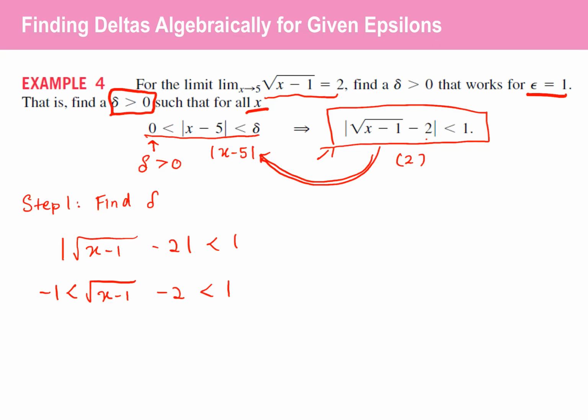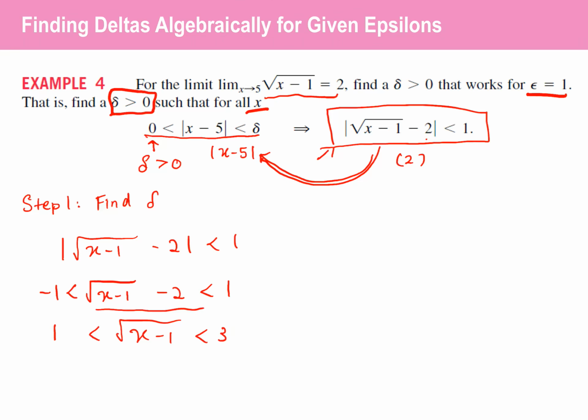Now we want to isolate x. The first thing we do is add 2 to both sides. So we have negative 1 plus 2, which is 1, less than square root x minus 1, less than 1 plus 2, which is 3.